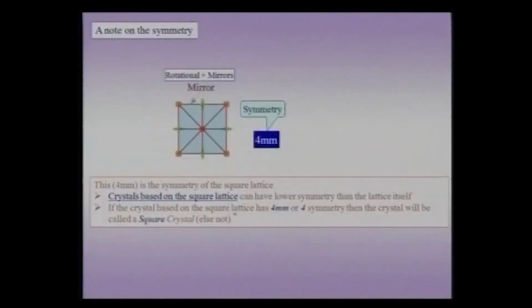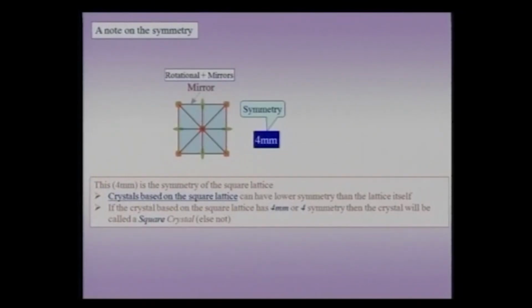In addition, we had made a point in passing, of course we will return to it in considerable detail later, that if a crystal is based on the square lattice, it can have 4mm symmetry, which is identical to the symmetry of the lattice, or it could have a certain lower symmetry like a 4 symmetry.